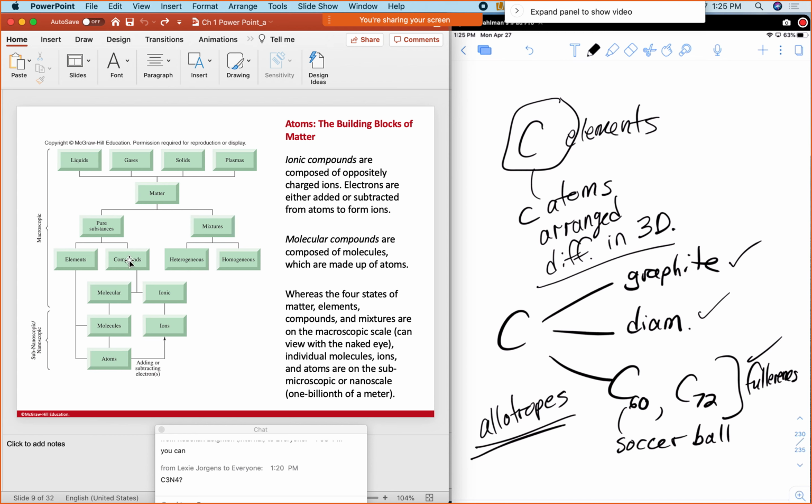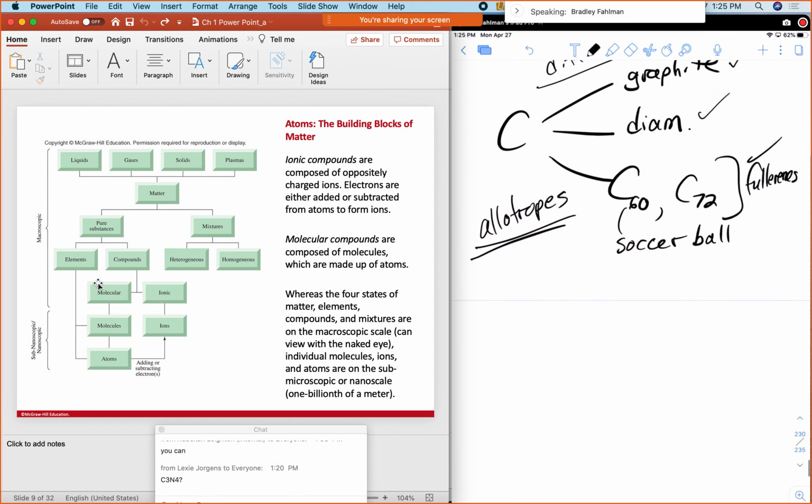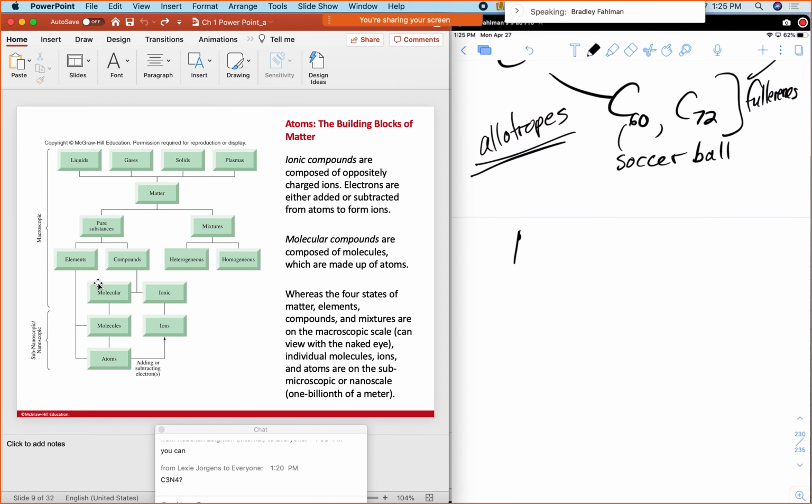Then different types of compounds. We're going to talk about this in later chapters in a little more detail, but you've got the molecular compounds and ionic compounds. When you're naming these, they have different rules for naming. Molecular compounds are non-metal with a non-metal.